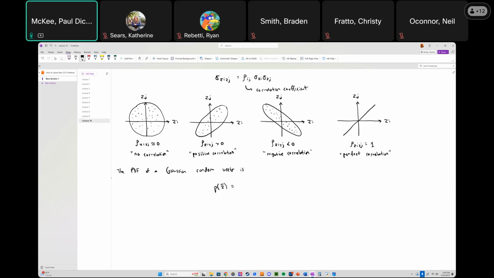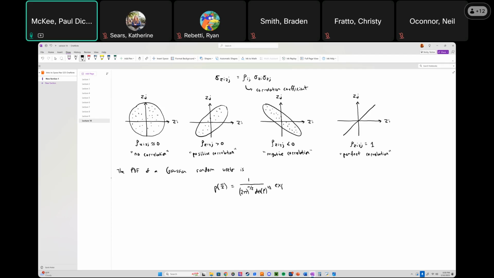In our case, it's going to be 1 over 2 pi to the power n over 2. So for one-dimensional, n equals 1, then we're right back to where we started. And then instead of the standard deviation, we're going to use the determinant of the covariance matrix P, but same idea, to the 1/2 power.